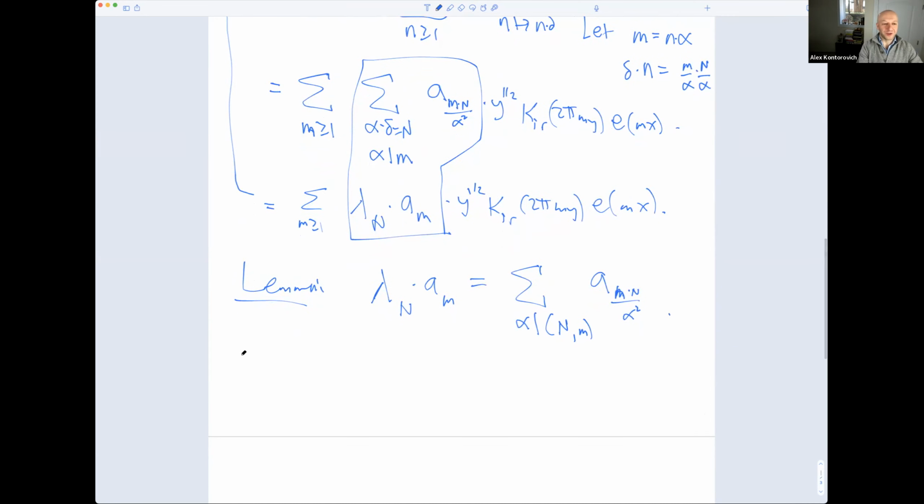Okay, what about when m equals 1? When m equals 1, this formula reads lambda n times a1. What are the possible divisors? What's the GCD of n and 1? 1. What are the possible values of alpha? Alpha can only be 1. So I get a1 times n over 1 squared, a_n.